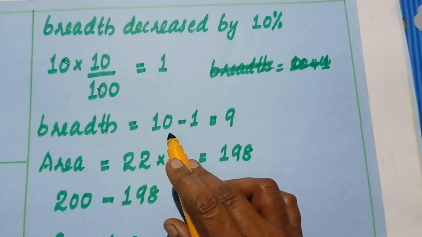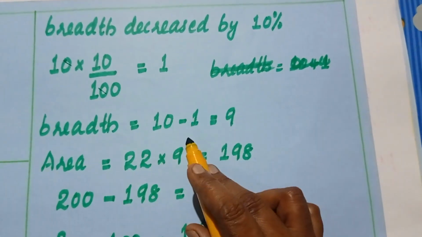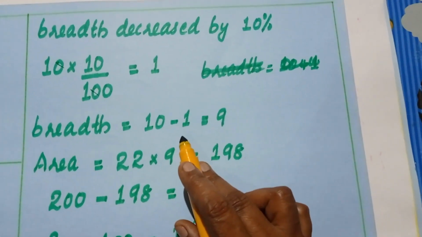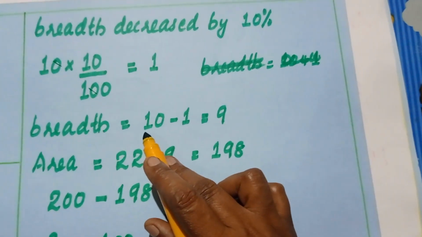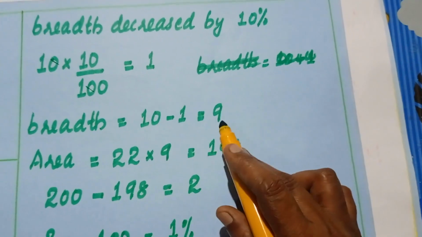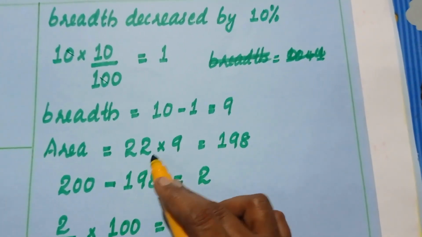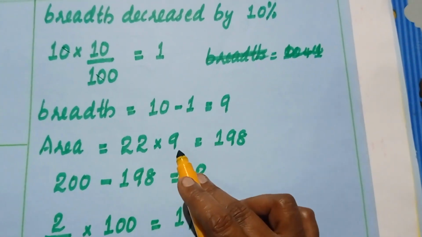Original breadth 10 centimeter, then decreased by 1 centimeter. That is 1 is subtracted from the original breadth. That is 10 minus 1 is equal to 9. Length 22 centimeter and breadth 9 centimeter.